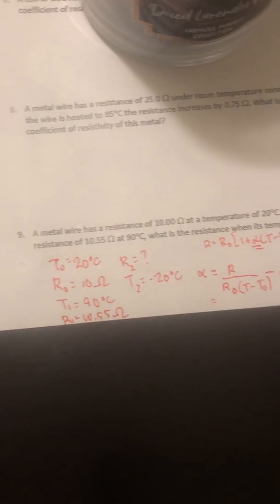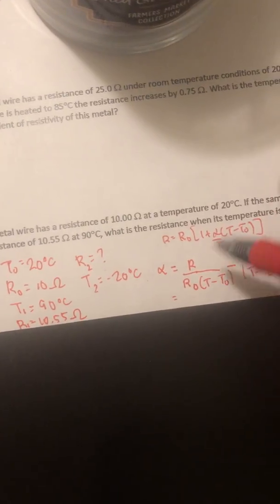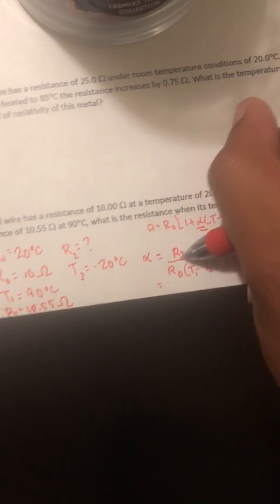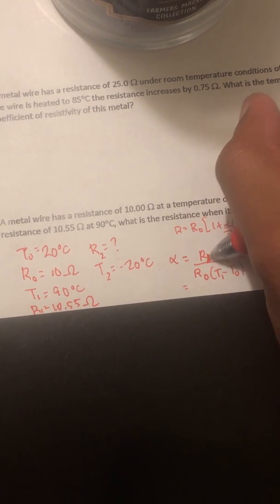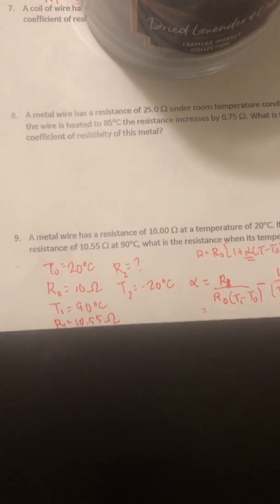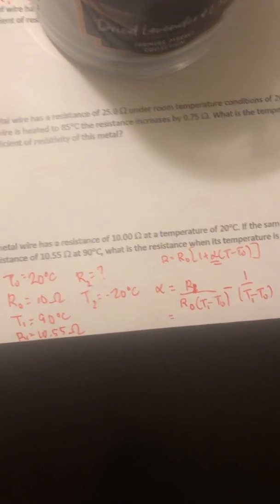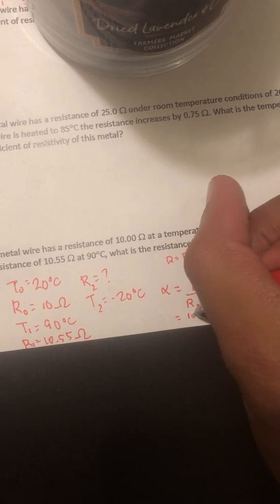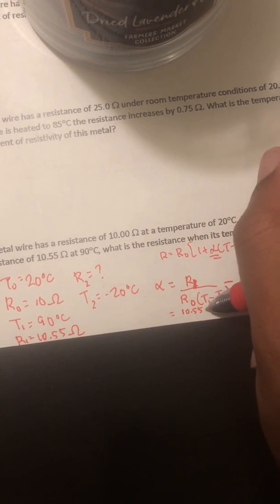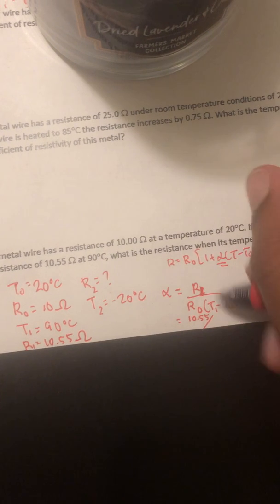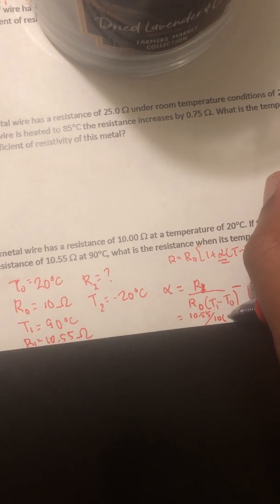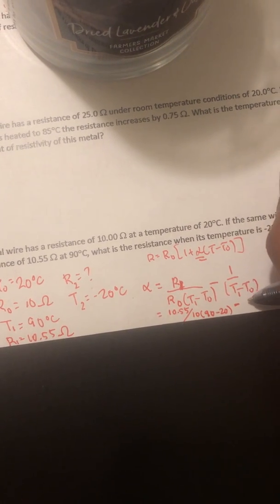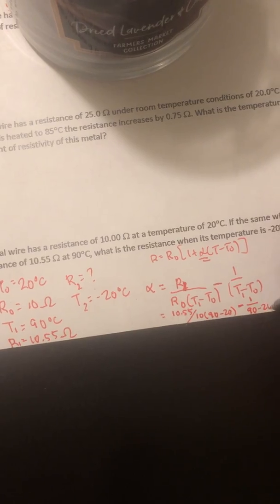All right. So I'm going to use T1 and R1 in order to find that temperature coefficient, because I can't use T2, R2 because I don't know R2. So it's going to be 10.55 divided by 10 times 90 minus 20 minus 1 over 90 minus 20.